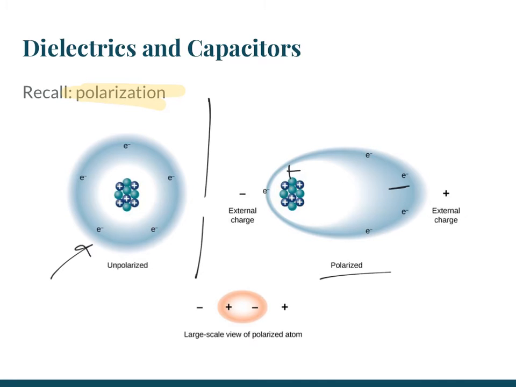So those two things are separated out, and they are of equal charge, which makes them basically like a baby capacitor. And inside the baby capacitor, you have an electric field. The electric field inside goes from positive to negative. So inside a polarized atom like that, you have a tiny little baby electric field, which is pretty cool.